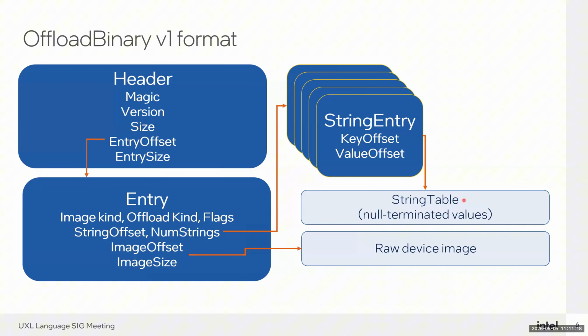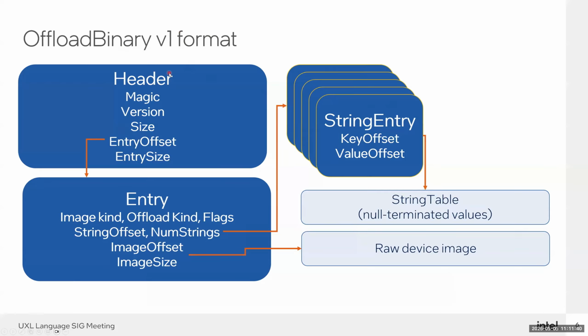Okay. So before I provide details about what Clang linker wrapper actually does, I wanted to show what an offload binary looks like, because it will be important for later stages. The offload binary version 1 format is pretty simple.